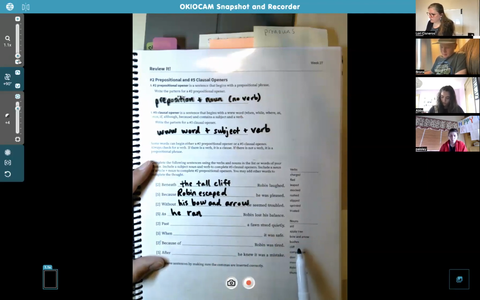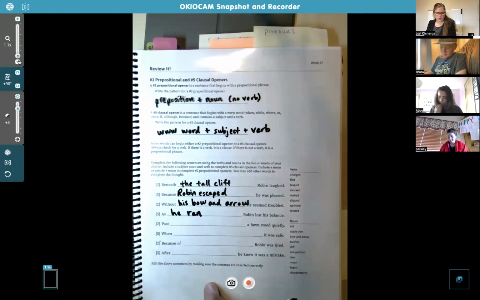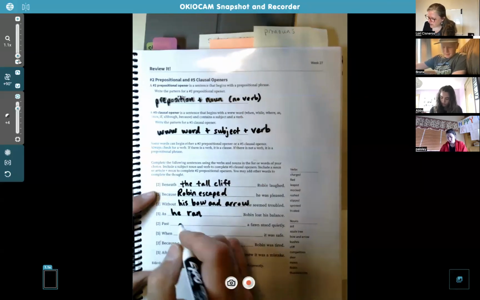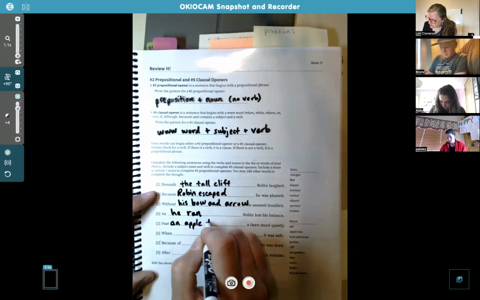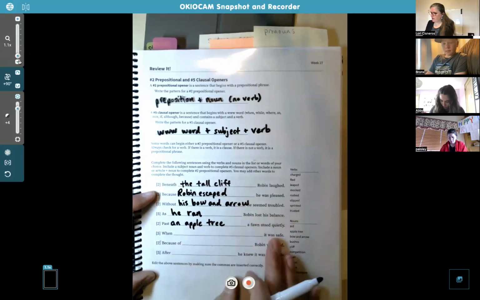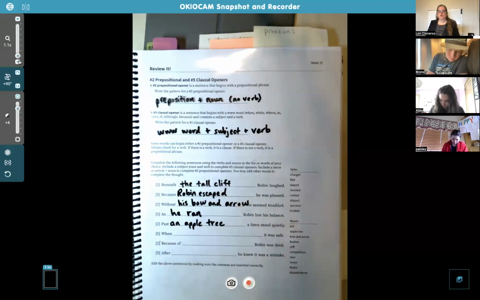So you can use one of these words or make up your own. An apple tree. Okay, good. Past an apple tree, a fawn stood quietly. Good. So these are all example openers. You're going to be starting to use these in your writing too. So this is a good page to go back to.